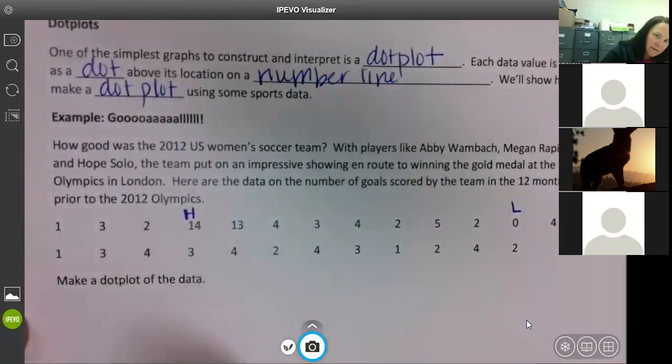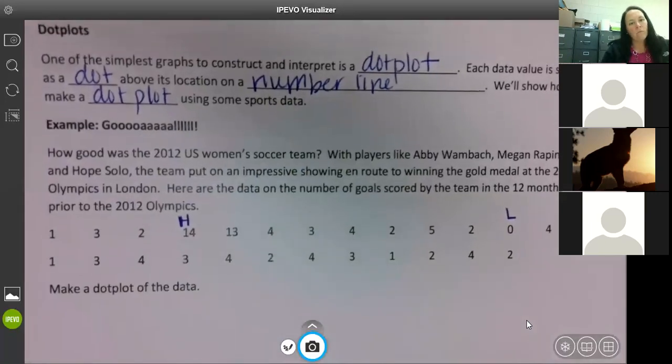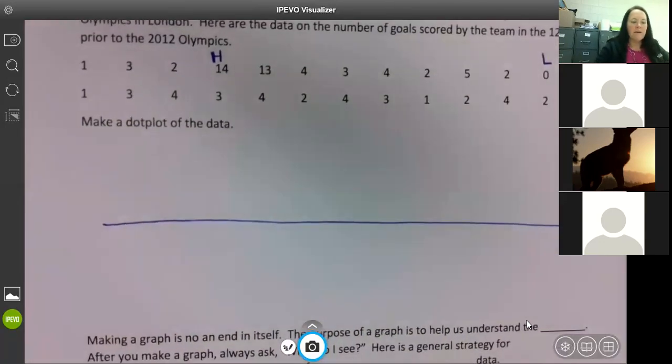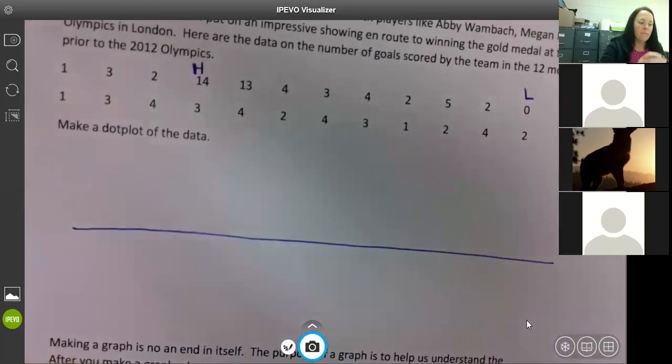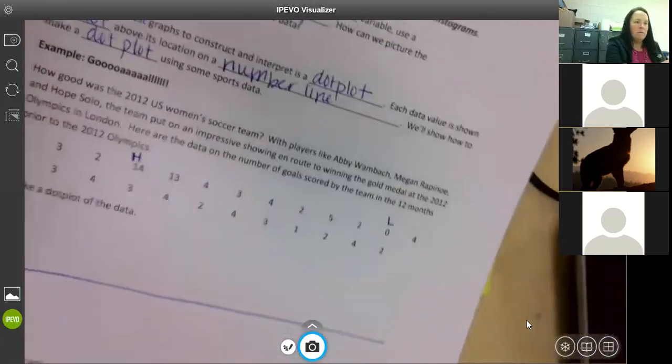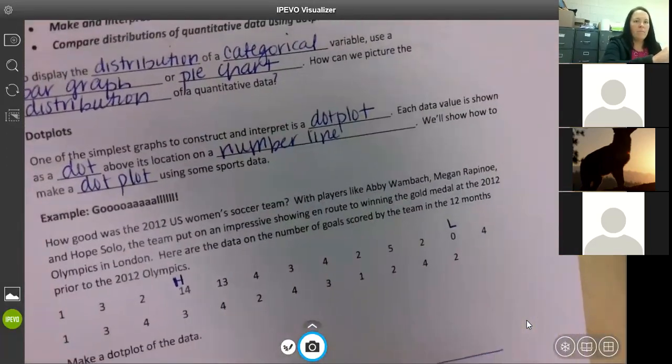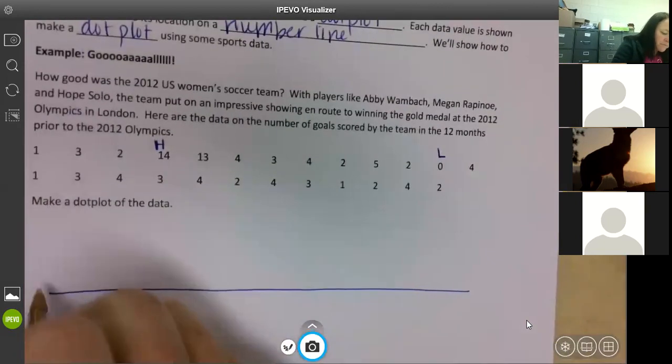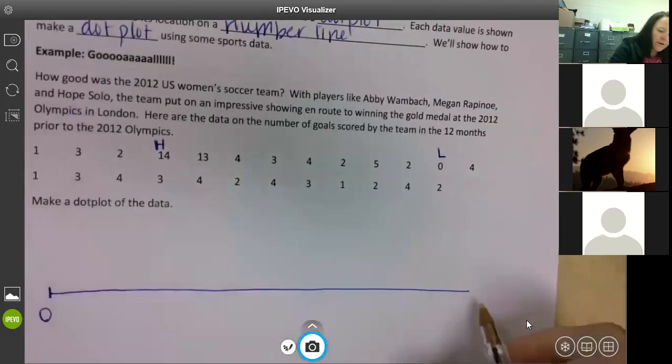So when I make this number line, I'm drawing it, but you can't see it, I'll move it in just a second, okay? All right. Is everybody good? I didn't cover anything up. All right. So here's my number line. I'm going to start at 0.